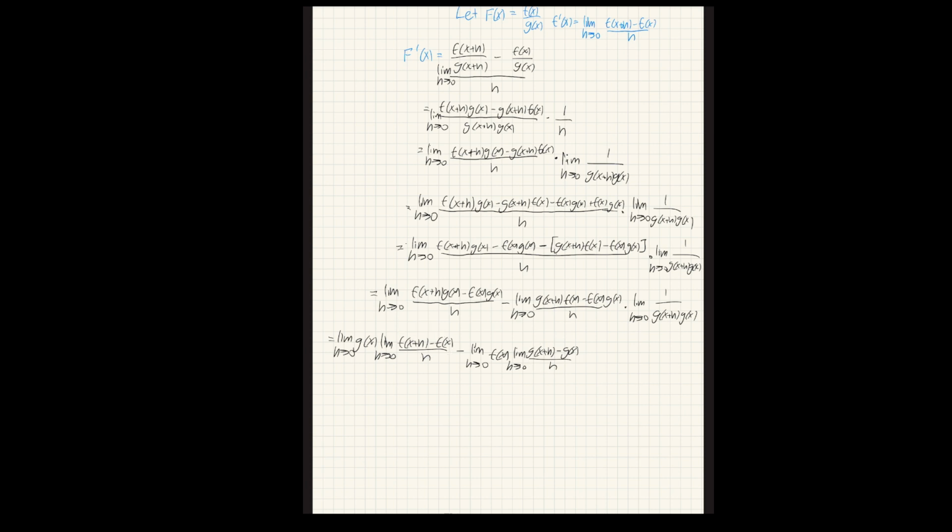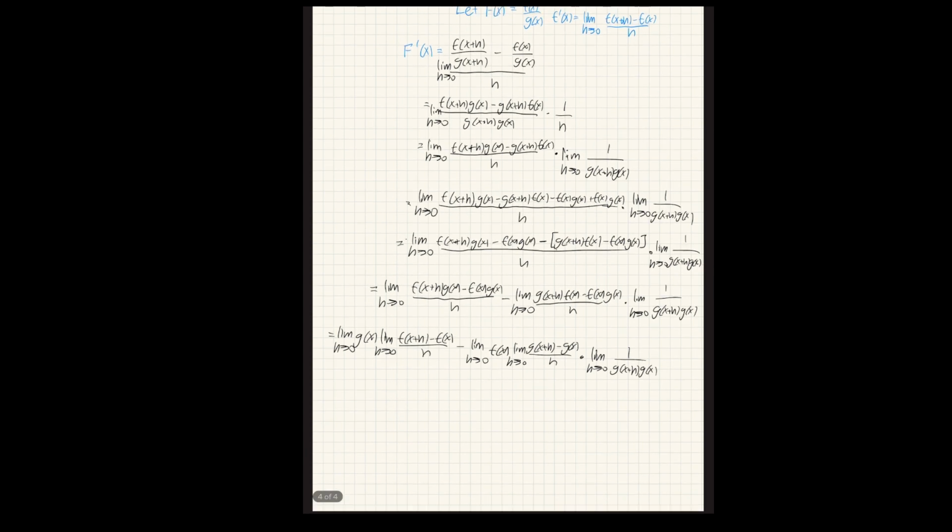And then we continue with our limit here. Limit as h tends to 0, 1 over g(x+h) g(x). Okay, from here, the limit as h tends to 0 of g(x), since there are no h's, just becomes g(x). Nothing happens.